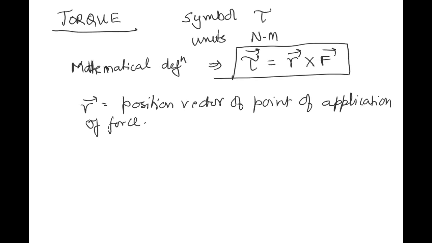Immediately you should ask me, with respect to what point? With respect to what? Because position vector is a vector drawn from the origin to the point, or to the location, in this case, of the point of application of the force.